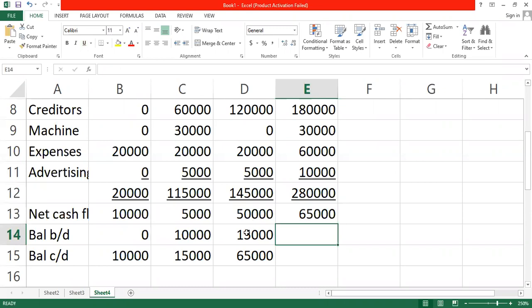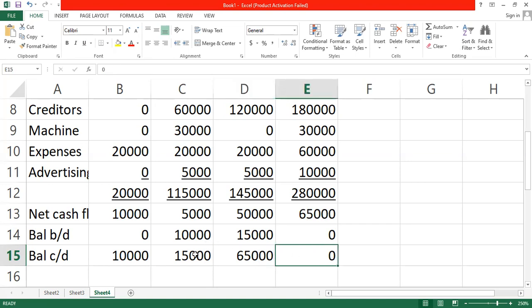This will be 65,000, isn't it? Yes. The opening balance, we don't do anything about them because they are still zero. You can see that all these items included over here are those that we are carrying over to this side. So they are all 65.